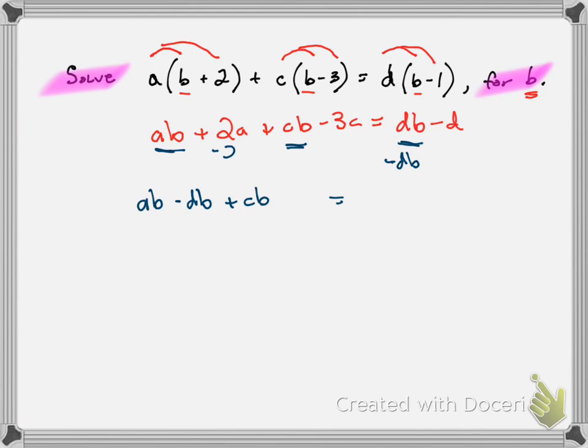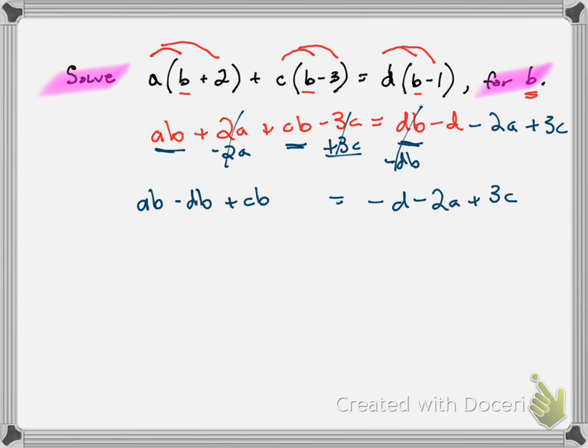I'll subtract 2a, I'll add 3c, and now on the right side, of course that went away, I have negative d minus 2a plus 3c.